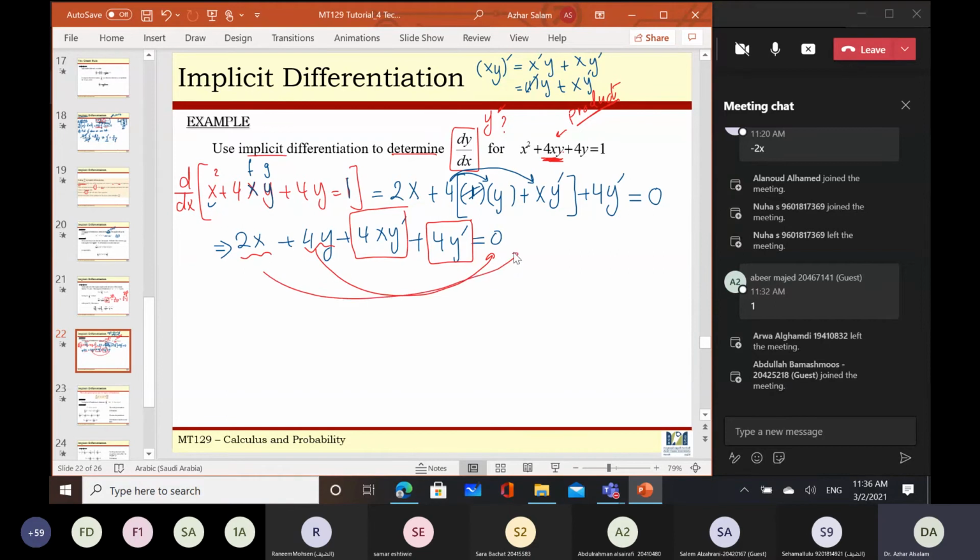So I will write here 4xy dash plus 4y dash equals 2. If I move these to the other side, I will change their signs, so it will be minus 2x minus 4y. Only the terms with y dash on the left side and any other terms on the right side.